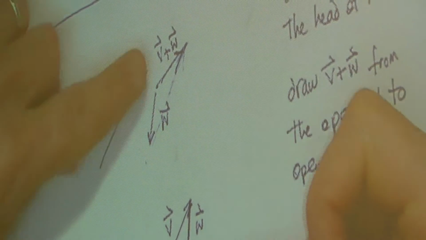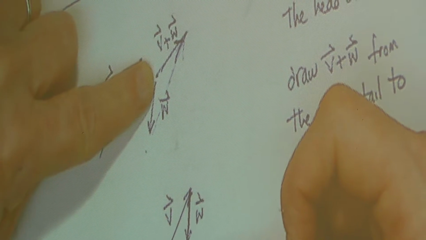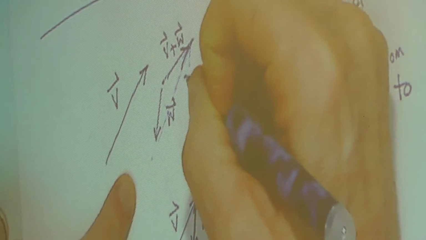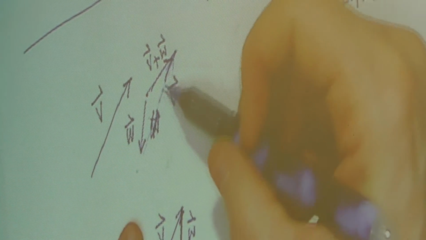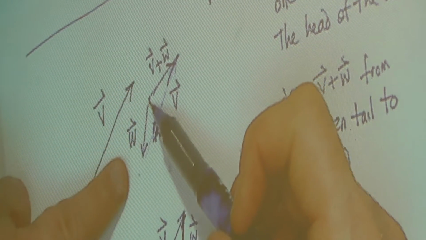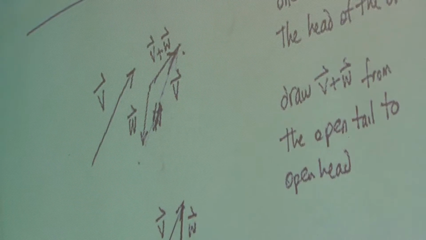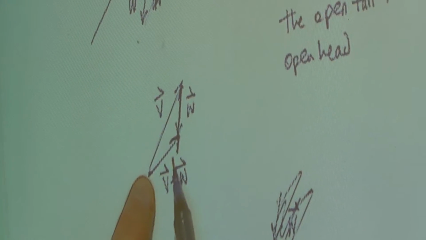Now, these two vectors are the same. The way they're drawn, this is V, this is W. So V plus W appears here as if it's starting at W and ending at V, and it looks just the reverse down here.